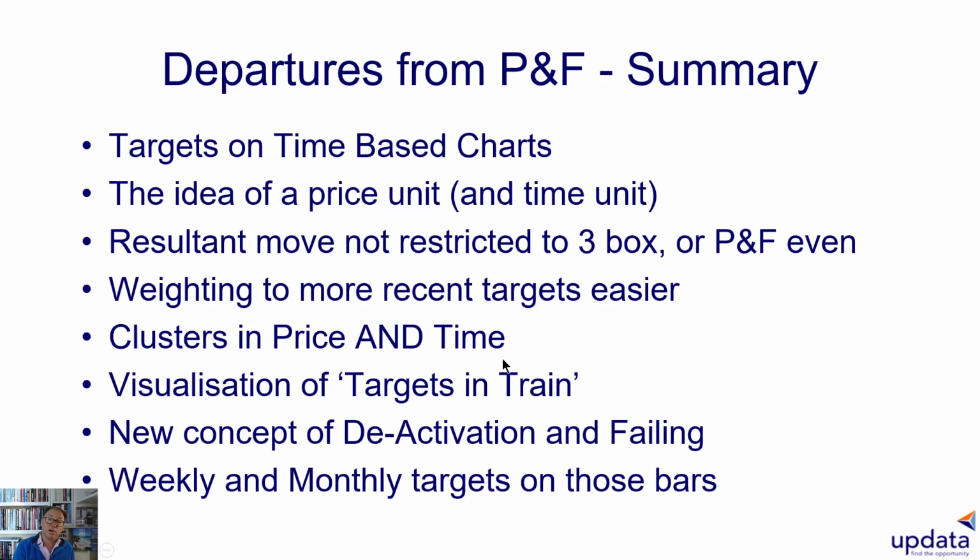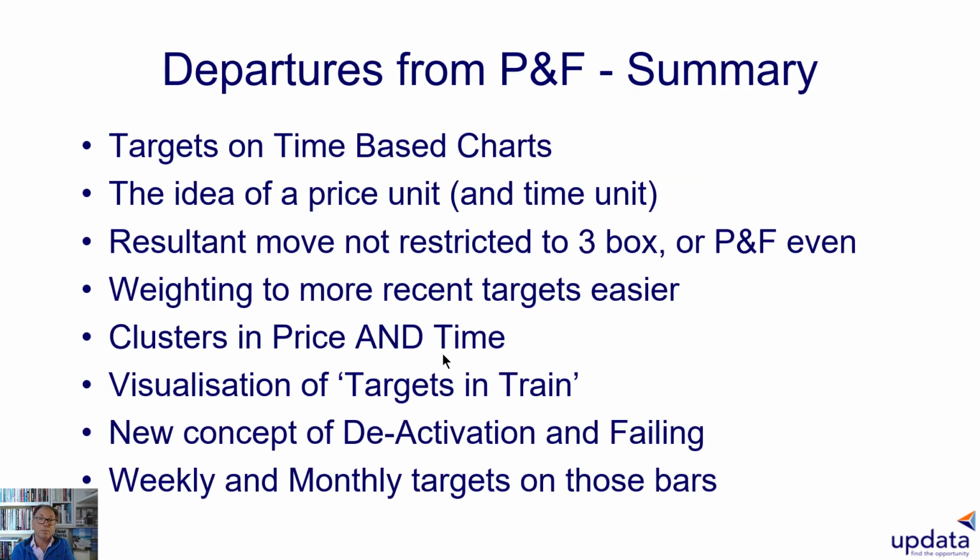The clusters in price and time, we talked about that, where you've got a zone where you see all the targets pointing to that place. And this visualization of targets in train: if you see the train tracks, and you're seeing those upside targets, you're long, that's really good. Conversely, if you're long and you see downward train tracks, that's really alarming, and you do not want to be long in stocks where you've got the train tracks to the downside.